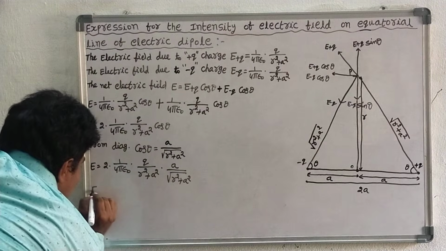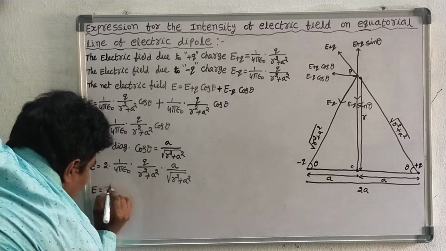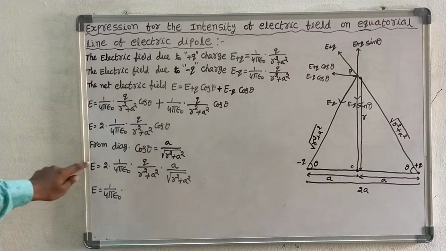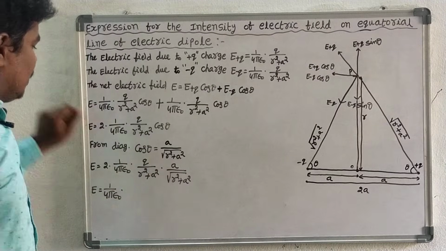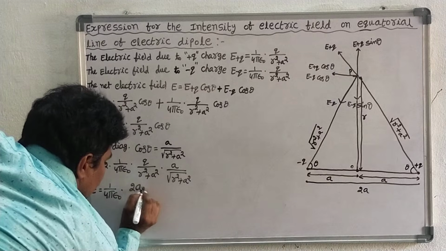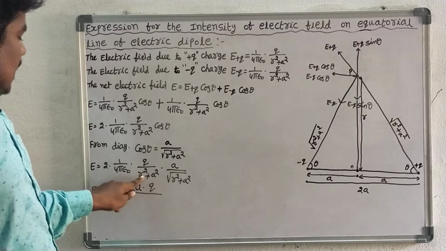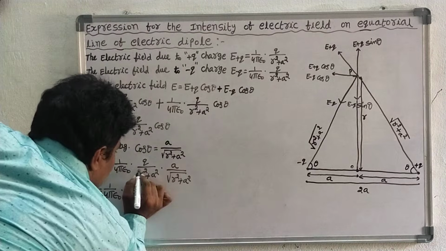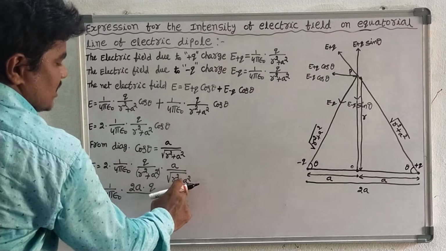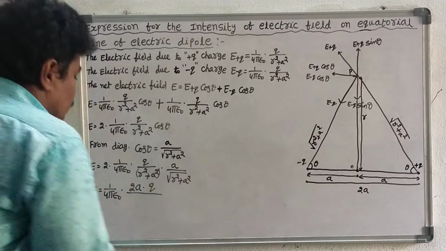Now we rearrange this value. 1 by 4 pi epsilon naught into 2a into q by, this is r square plus a square whole to the power of 1, this is r square plus a square whole to the power of half. 1 plus half, 3 by 2.